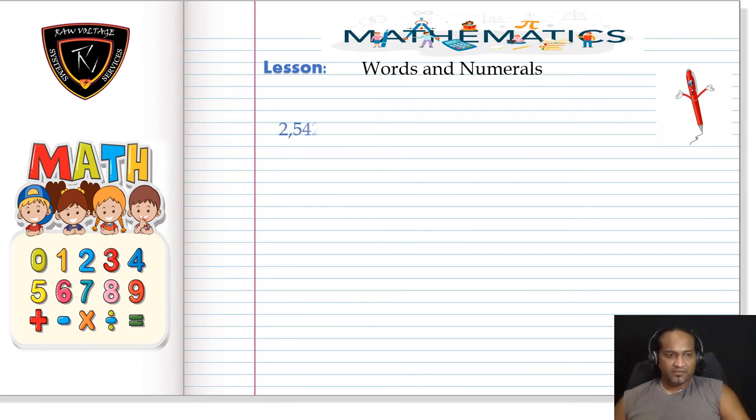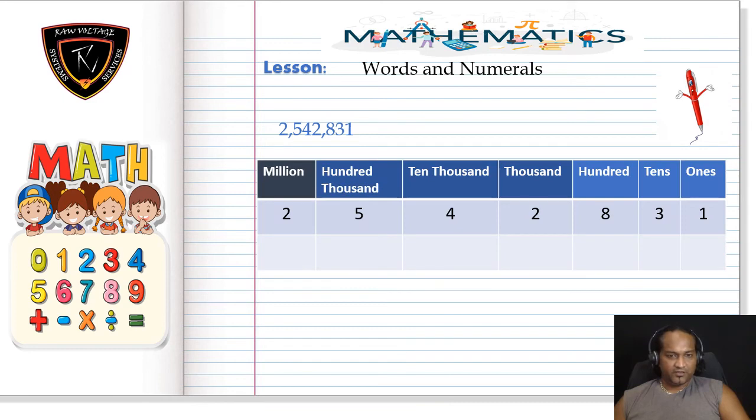So if you have another number, 2542832, on the number placement chart, the 1 is the ones, the 3 is the tens, 8 hundreds, 2 is the thousands, the 4 is the 10,000s, the 5 is the 100,000s, and 2 is the 2 million.